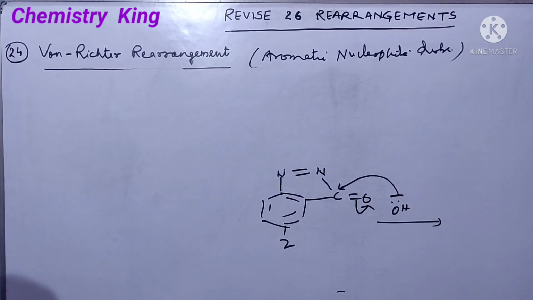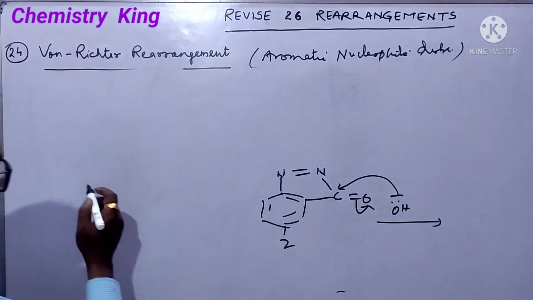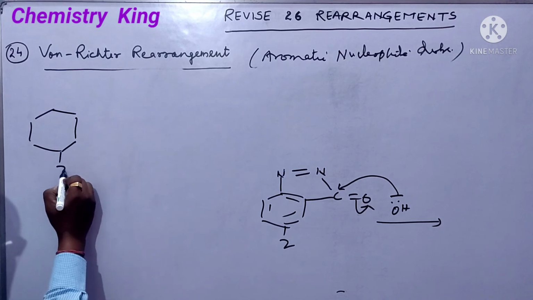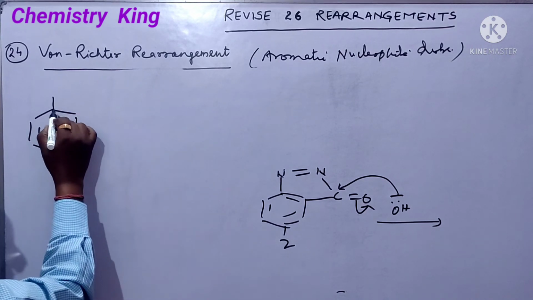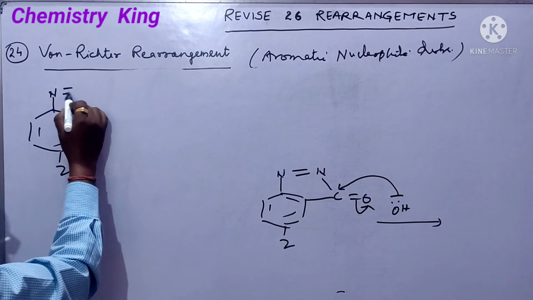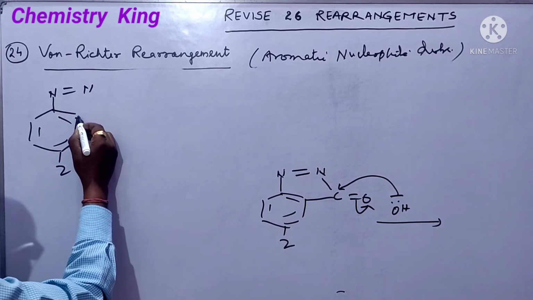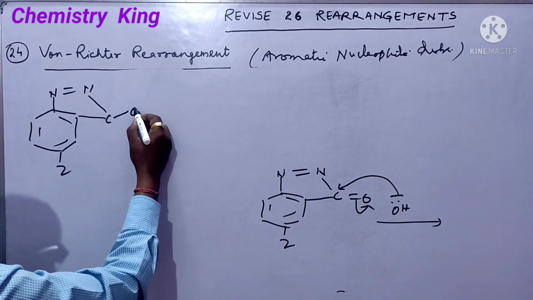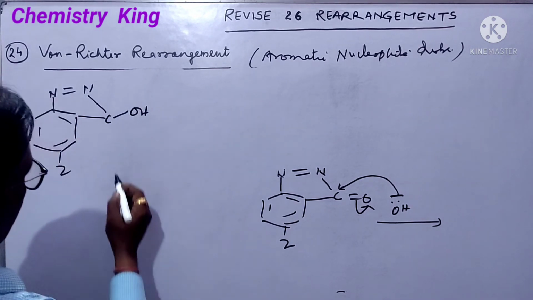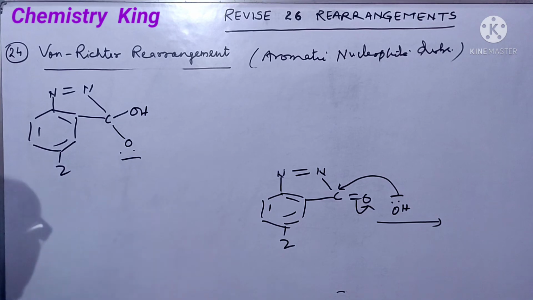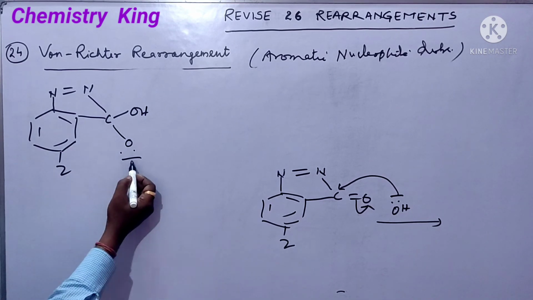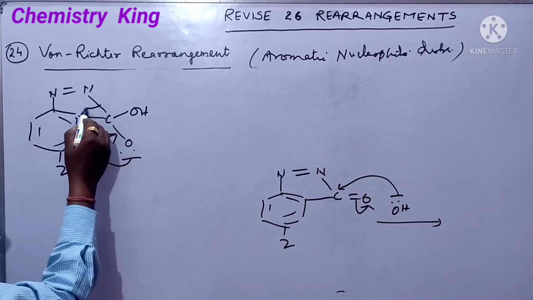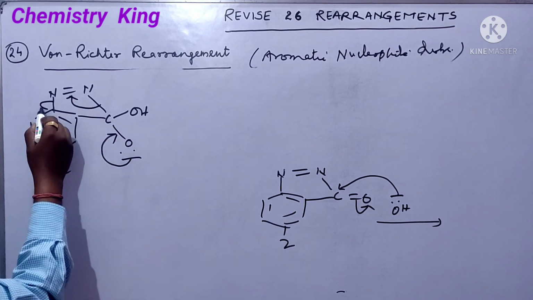When hydroxide ion attacks at this carbon, what would you get? It is Z, it is N double bond N, C, OH will get attached here and it is O minus. Now when it comes here, it will come here and it will come here.